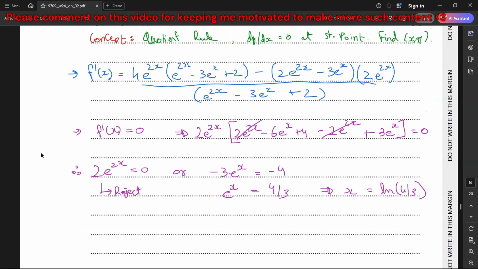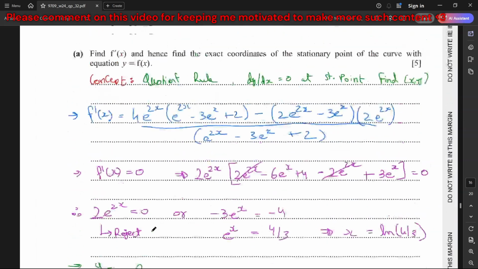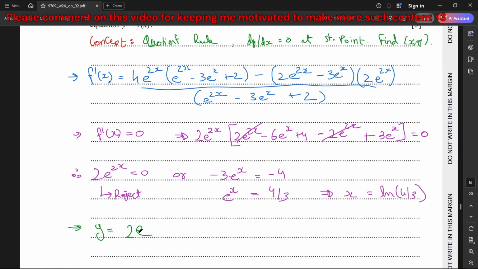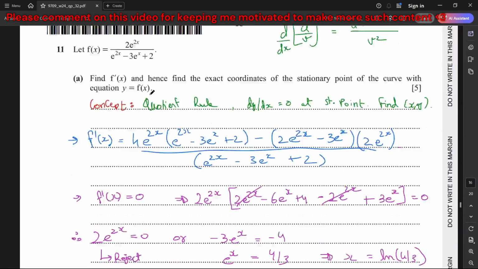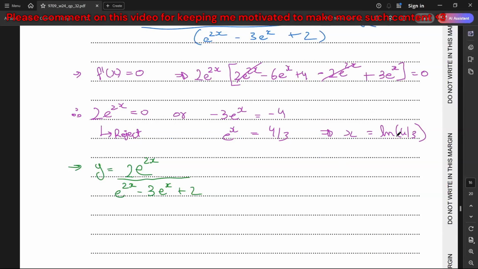And for this, what I can do is, now my y will be equal to 2 e power of 2x divided by e power of 2x minus 3 e power of x plus 2. Okay, so that was the main question. In place of x, I need to have ln 4 by 3 substituted. And now based on this, let's see what am I getting.